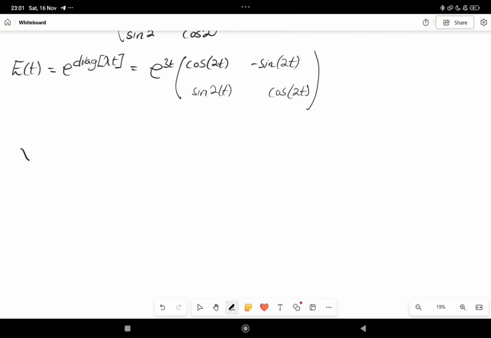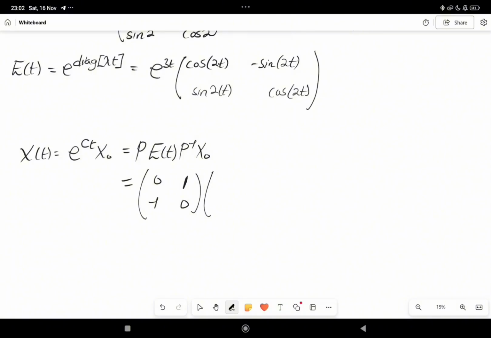So to write our solution, x of t is given by e to the power Ct x naught, P e of t P inverse x naught. So substituting our values, we're going to have our P, which was 0, minus 1, 1, 0.